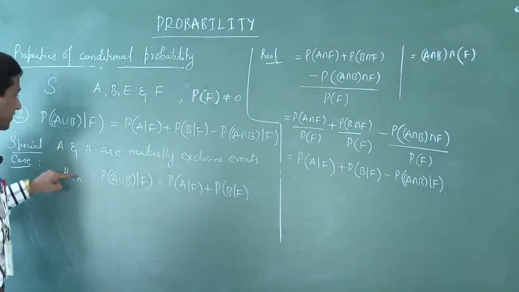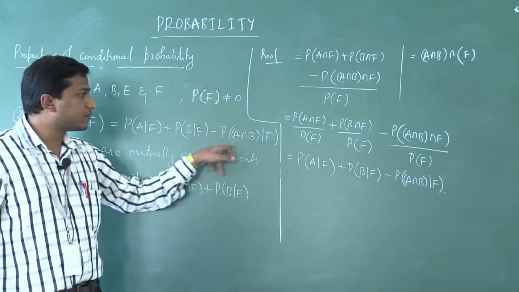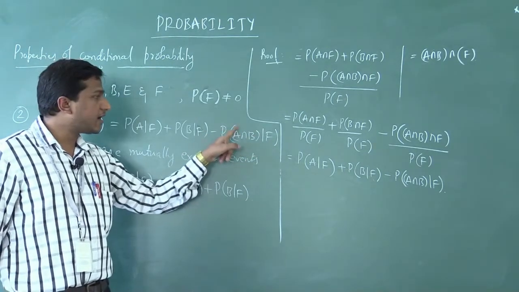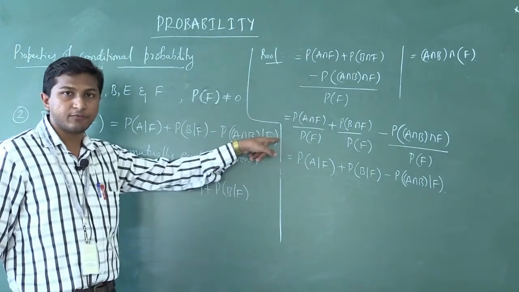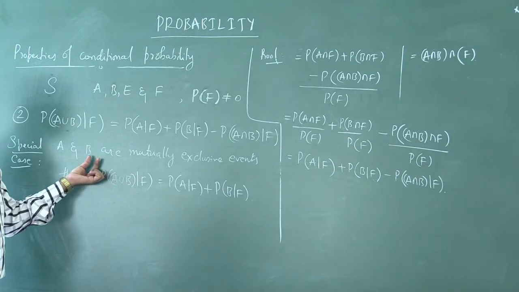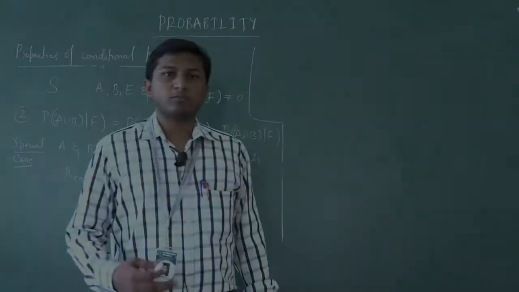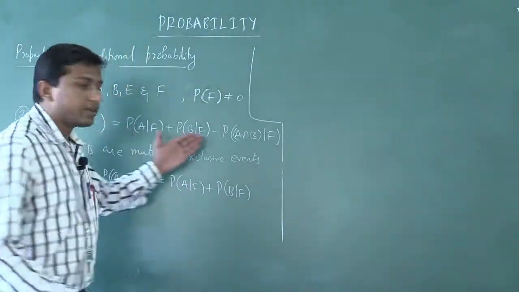Now all that is left to do is to prove that the third term, P of A intersection B bar F, is equal to 0 whenever A and B are mutually exclusive. So we'll do that now. Property number 2 we have already proved.